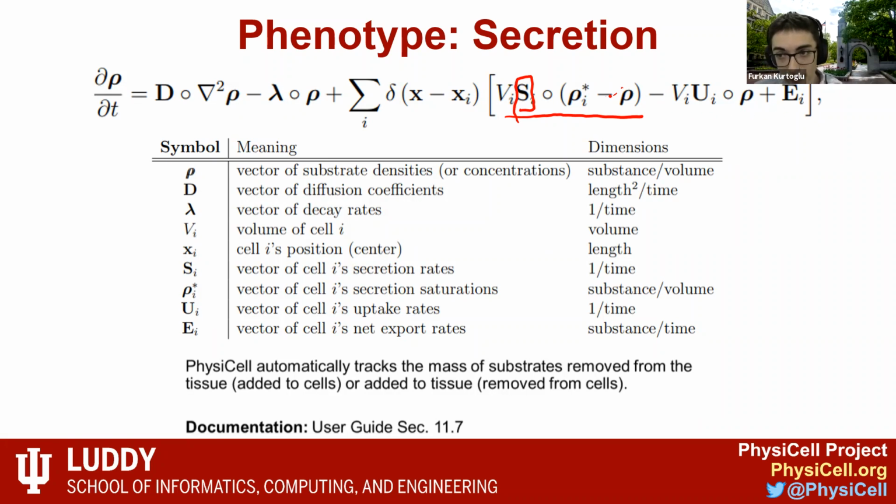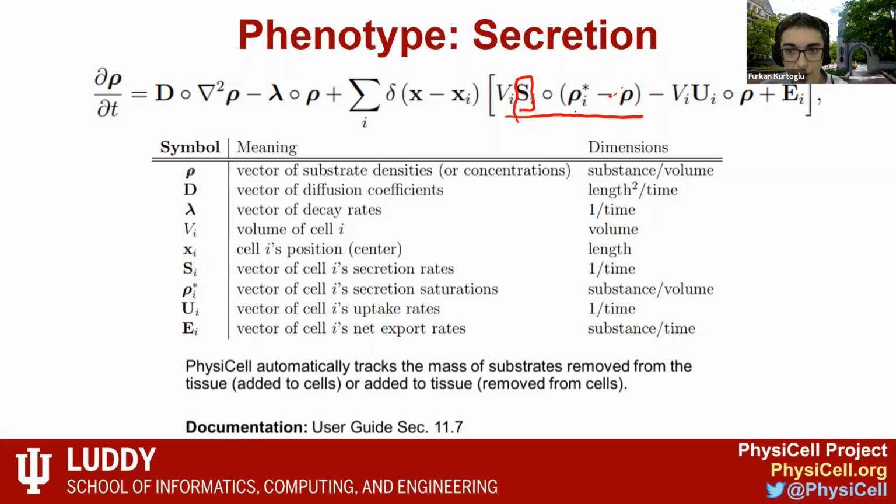There is also a net export rate, which I will explain in a minute. There is an option in PhysiCell to monitor the internalized substrate. This is a substance in units of substance per time.